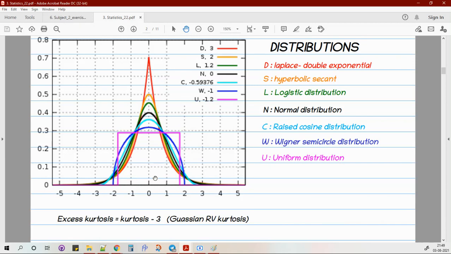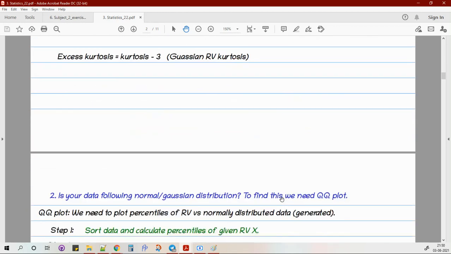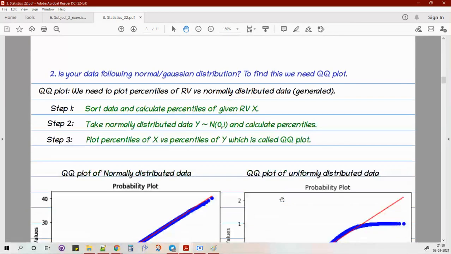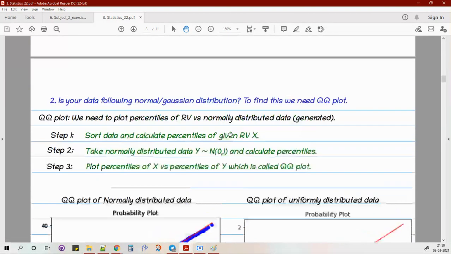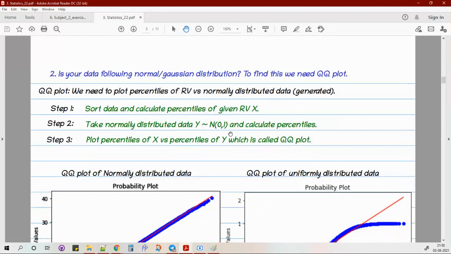So the number of smaller oil fields would be larger if you follow these red graphs, and for the larger oil fields with millions of barrels of oil, the probability would be very low. So you can use this kind of kurtosis to find out how the data is distributed. Okay, with that let's jump on to the next topic.